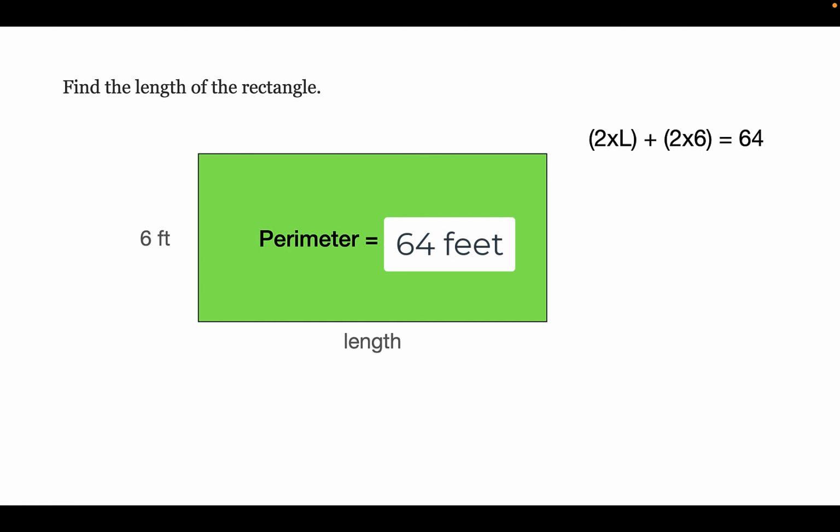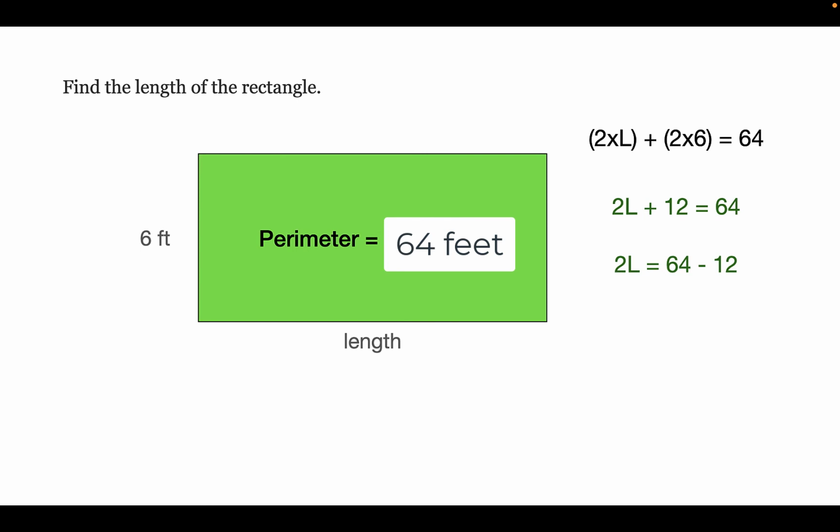So when we do some math here, we end up with 2L, which is the same as saying 2 times length, plus 12 equals 64. We can move that 12 over to the other side of our equal sign by subtracting it. So 2L, or 2 times length, equals 64 minus 12. Well, 64 minus 12 we know is 52.